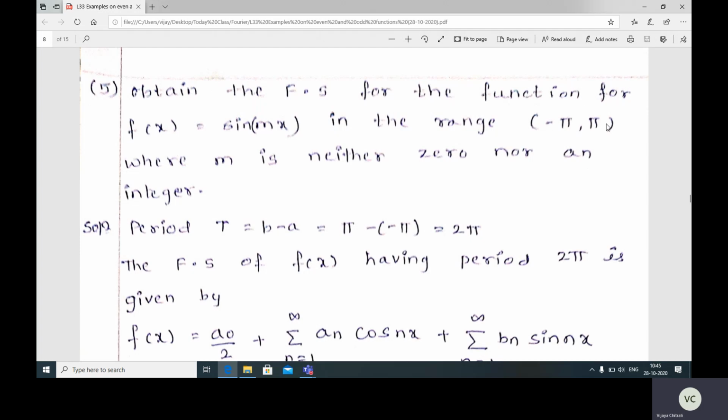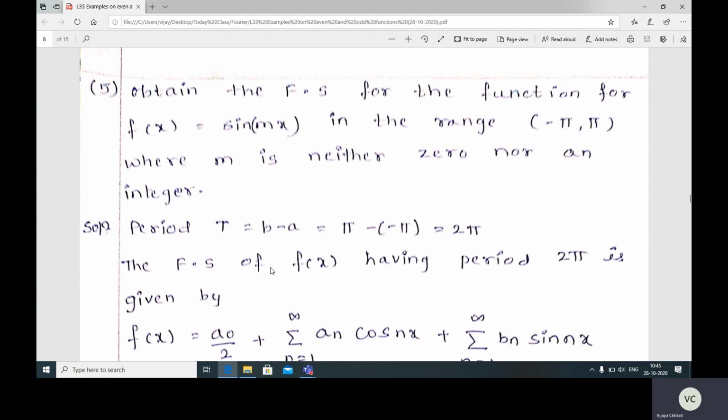So the interval is minus pi to pi. So first find the period. Period T is equal to b minus a. So this is pi minus of minus pi, which will be 2 pi, because a is minus pi and b is pi. So we know the series for the period 2 pi.